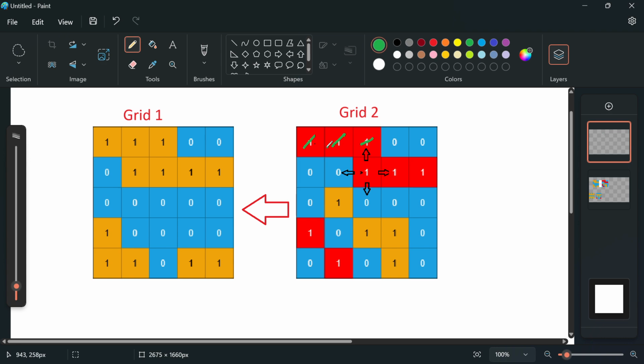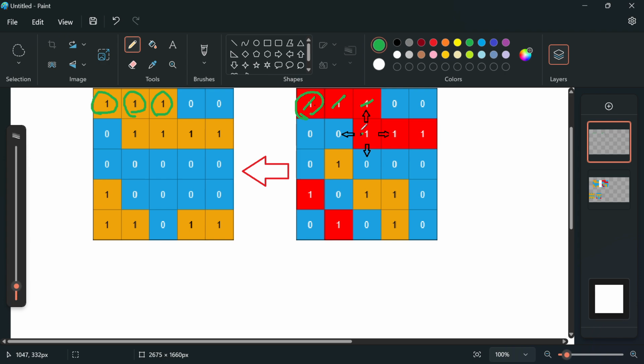While we are doing this process, we have to check that there is a one in grid 1 also. If there is one, we continue. If there is no one, we don't have to iterate further, and we go to the next one.